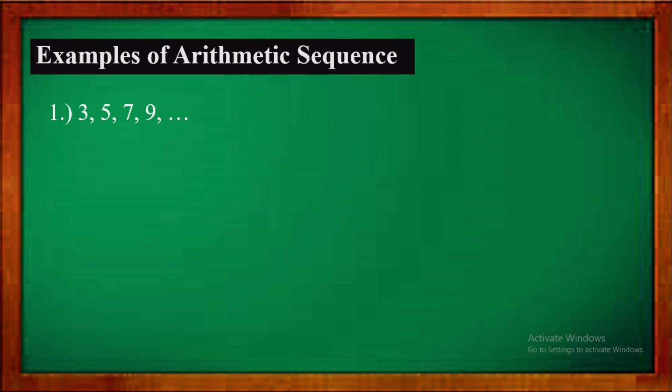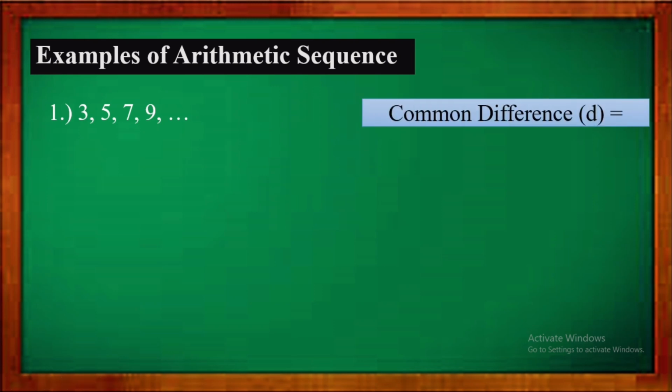Take note that we can only do that by checking if all the terms have a common difference. To get the common difference, we get the difference of each consecutive term, using d equals a sub 2 minus a sub 1.